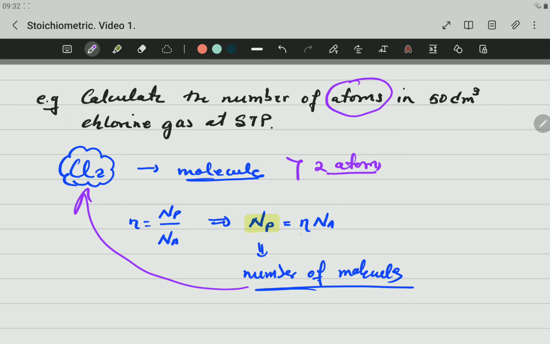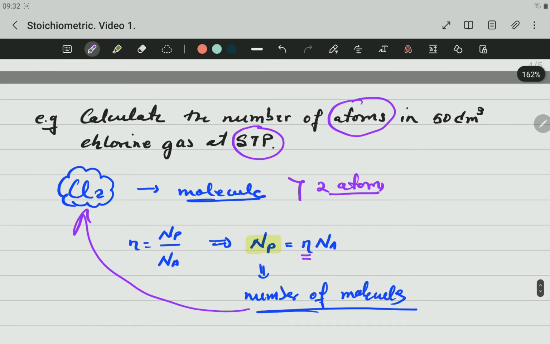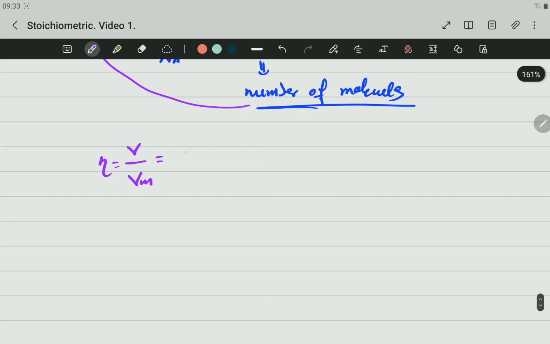So first, we don't have the number of moles. So let's calculate the number of moles. There is a gas and it is at STP. So to do that, we can say number of moles is equal to volume divided by molar volume. Okay? They're telling us that the volume is 50 decimeter cubic. So this is equal to 50 decimeter cubic divided by 22.4.